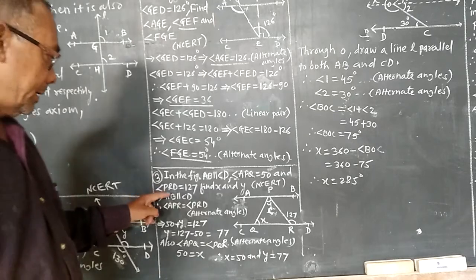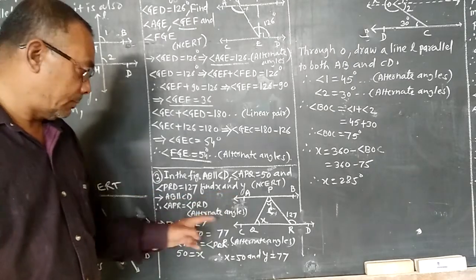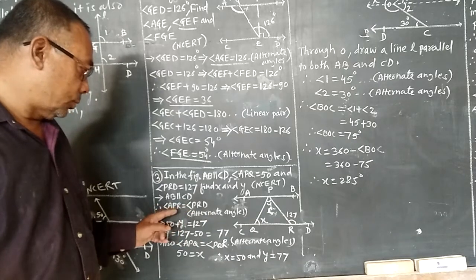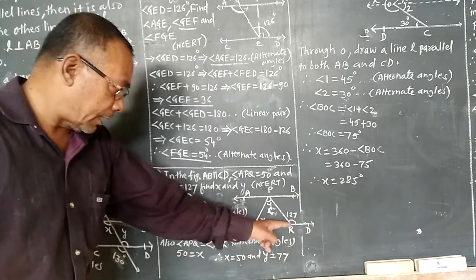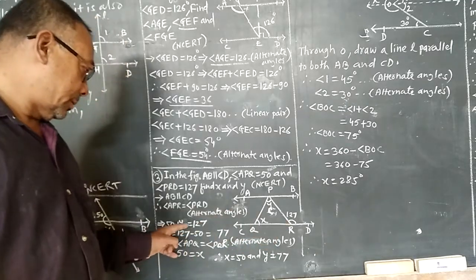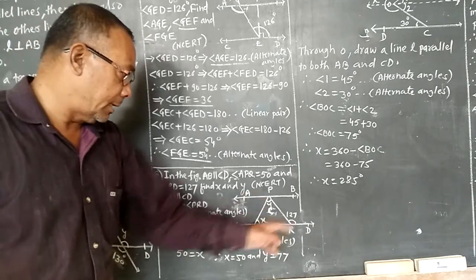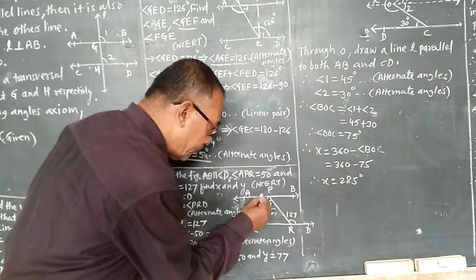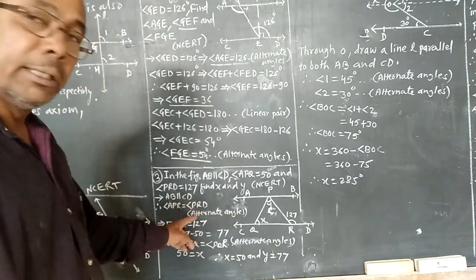Now it is given that AB parallel CD, AB and CD both are parallel. So angle APR is equal to angle PRD, that is PRD. So here if we observe, then it is seen that both the angles are alternate angles.